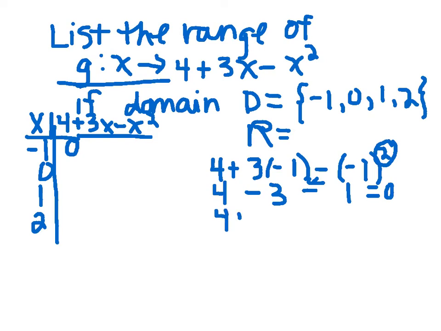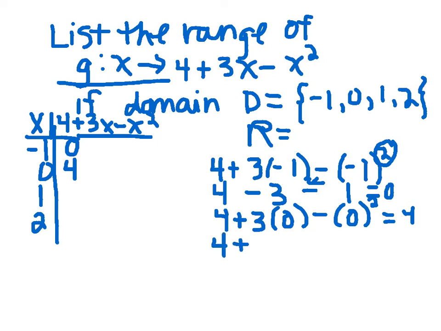The next one is 4 plus 3 times 0 minus 0 squared. Well, that's just obviously 4, because 3 times 0 is 0, and 0 squared is 0. So when I plug in 0, 4 comes out.